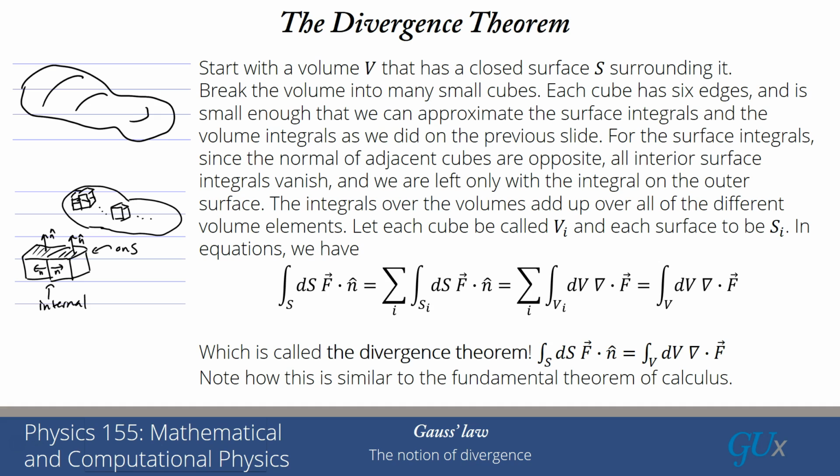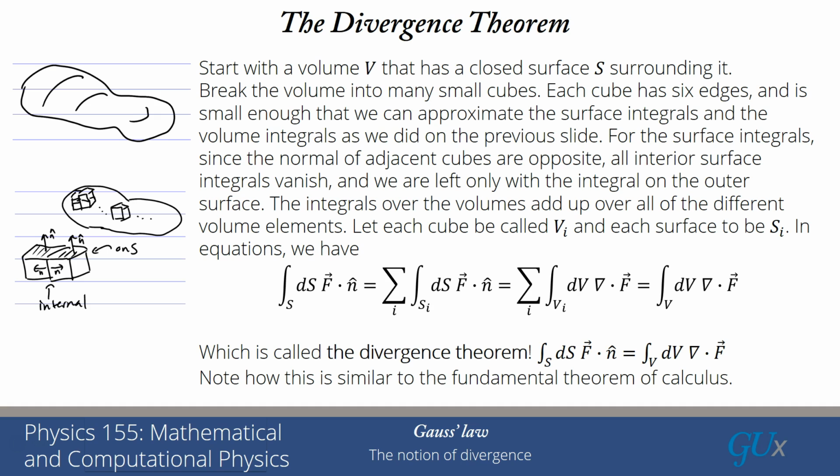It's one particular combination of derivatives, because it's d by dx of Fx plus d by dy of Fy plus d by dz of Fz. But I'm integrating that thing, and so F is kind of like the antiderivative, and the surface integral is kind of like evaluating that antiderivative on the surface. And that's very similar to looking at F of b minus F of a, which is what we got from the fundamental theorem of calculus when we were evaluating a definite integral.